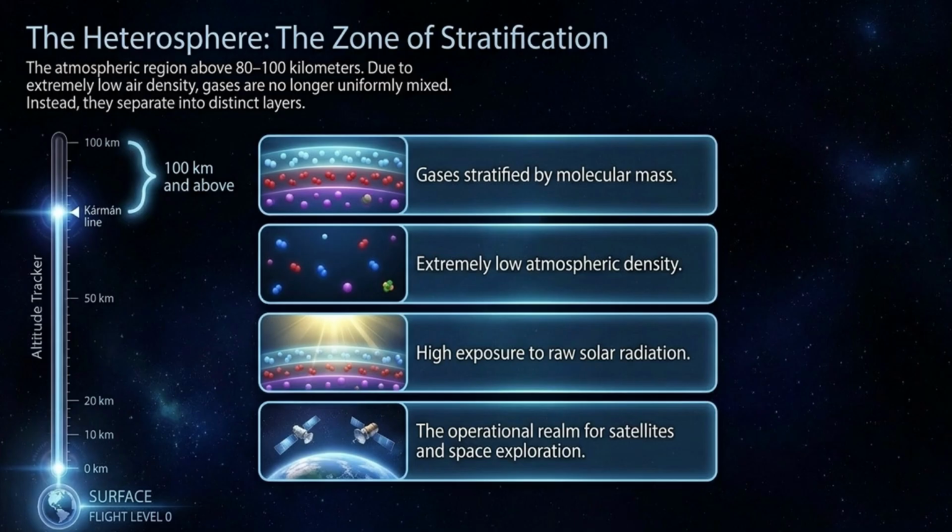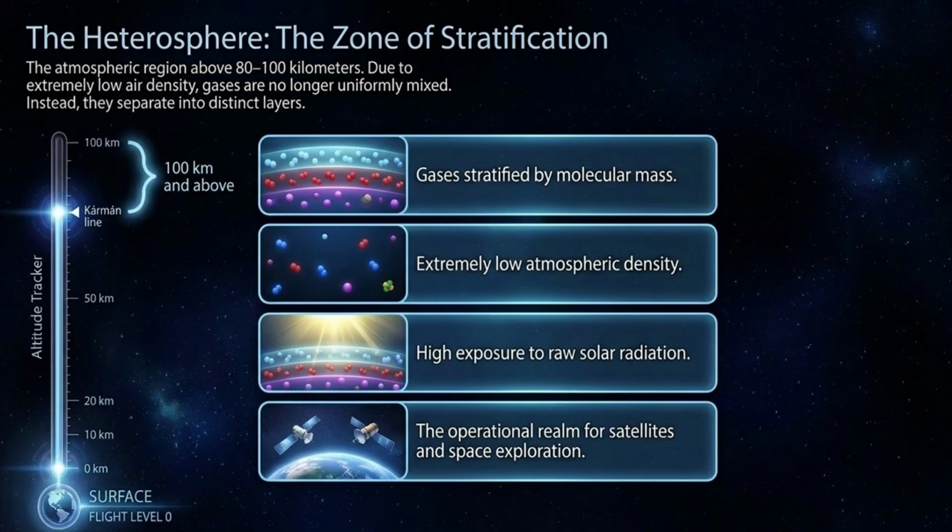In simple words, the heavier gases tend to be found at relatively lower levels while the lighter gases become more dominant at higher altitude. Another important characteristic of the heterosphere is its very low atmospheric density. Because the air is so thin, this region is also exposed to a greater amount of solar radiation.